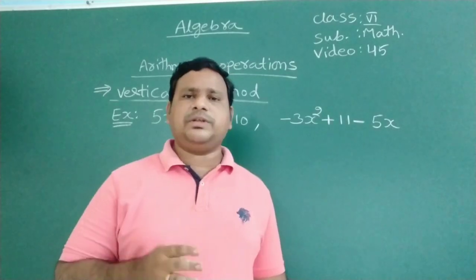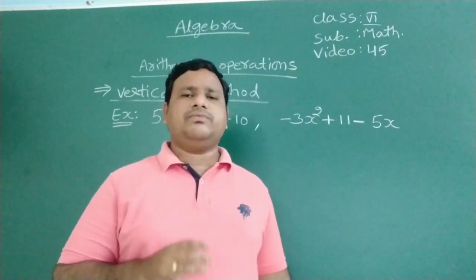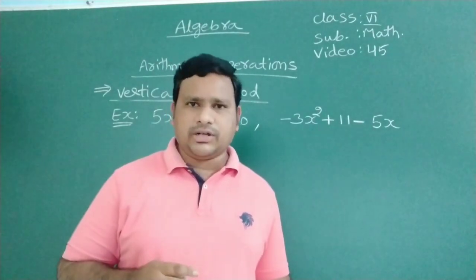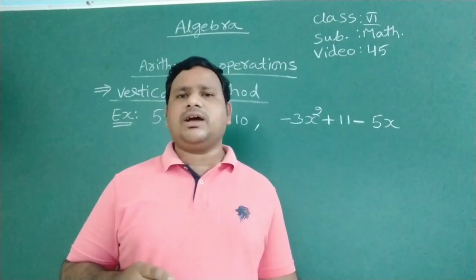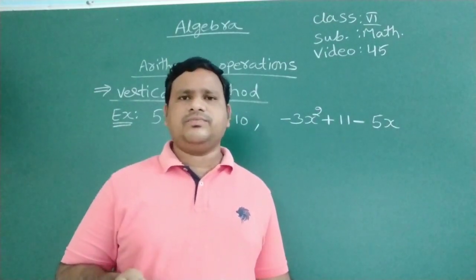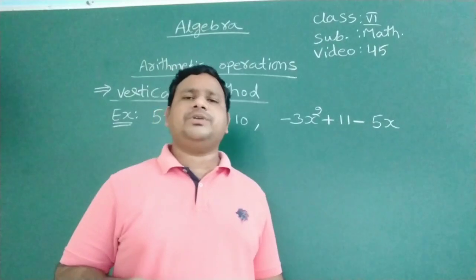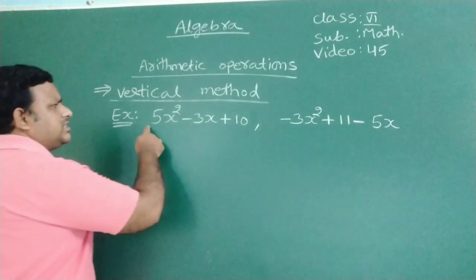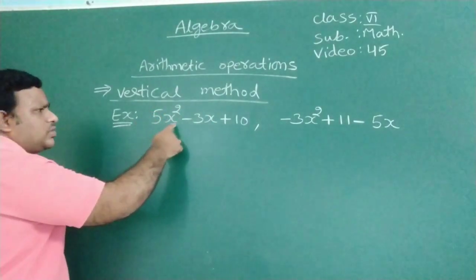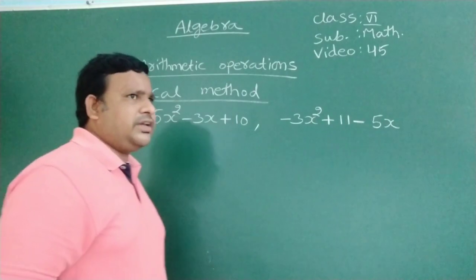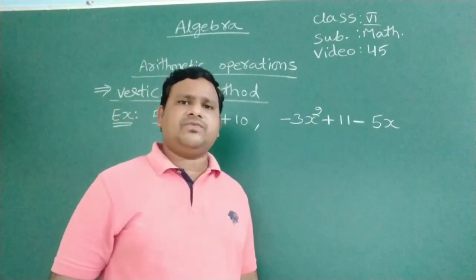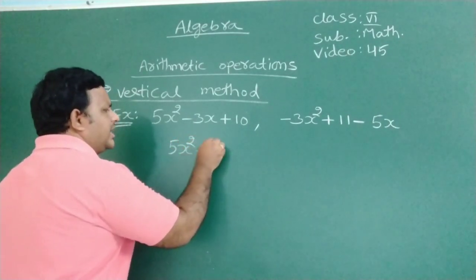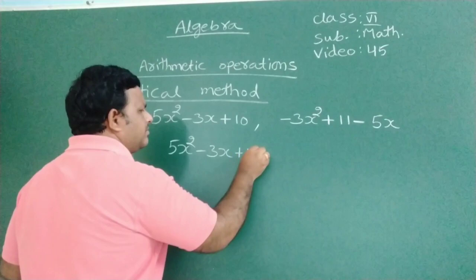In an expression the variables have powers, and if those powers are arranged in decreasing order, that type of expression is called the standard form. Understood? So here the first expression, 5x square minus 3x plus 10, is looking in standard form only. That's why as it is, whatever is given, I have written here: 5x square minus 3x plus 10.